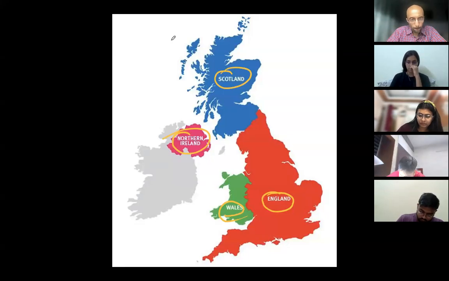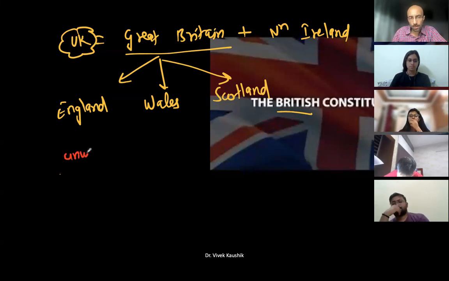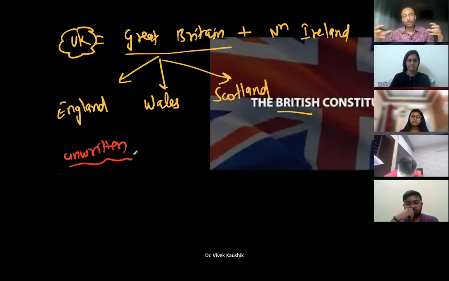Fourth point. Now see, because it is an unwritten constitution, that means it has not been codified. The provisions of the constitution, whatever the laws, rules and practices, have not been integrated. They have not been brought together into a single piece of law.